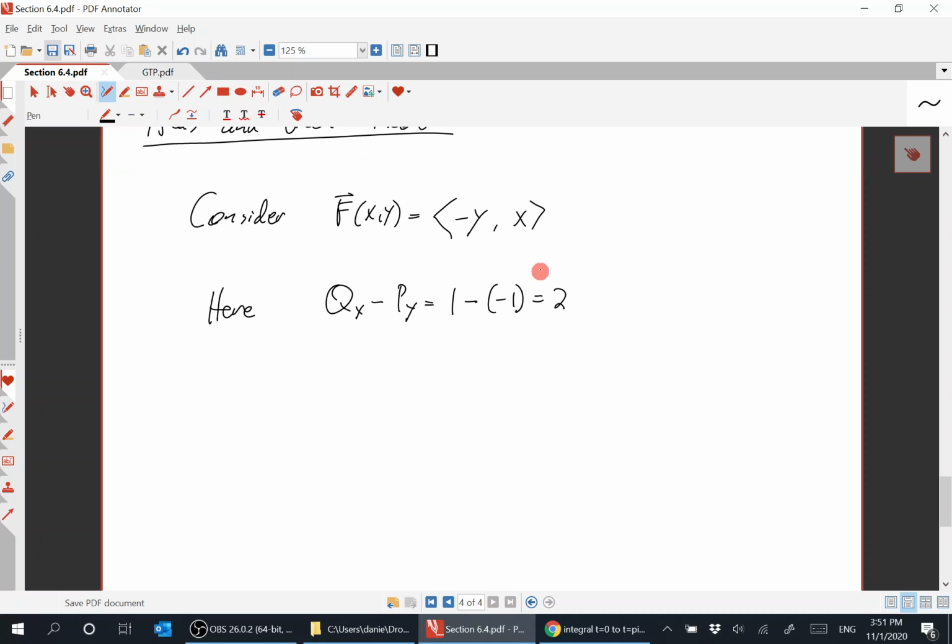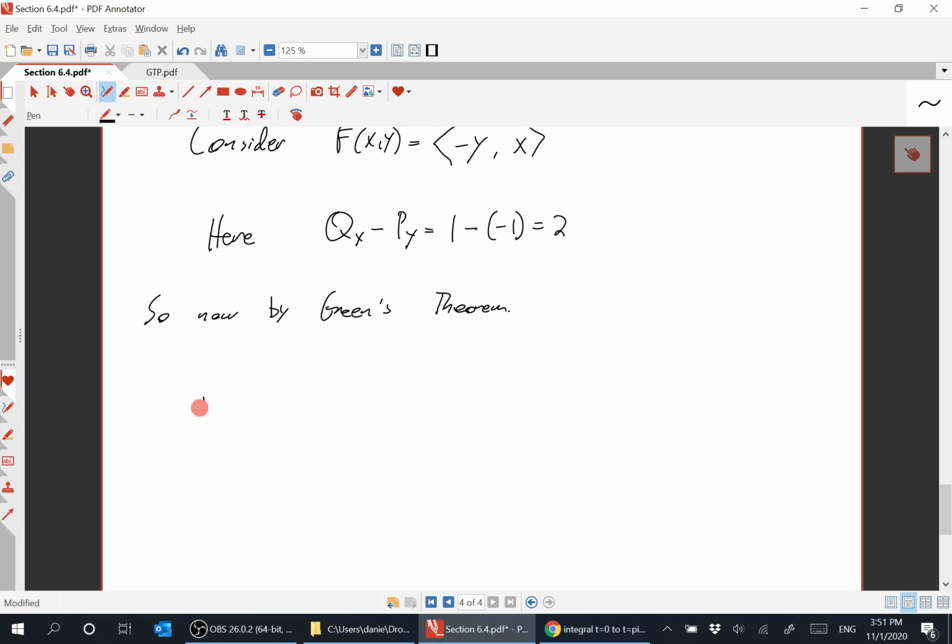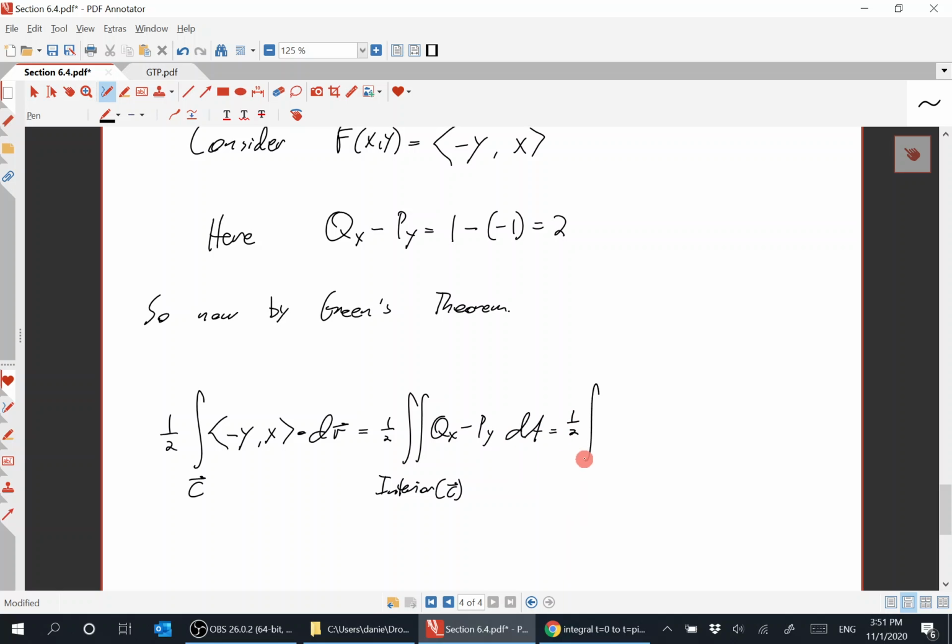So, by Green's theorem, the line integral over C of that vector field, well, let's do 1/2 of that vector field, minus y comma x dot dr is equal to 1/2 double integral over the interior of C, qx minus py dA.